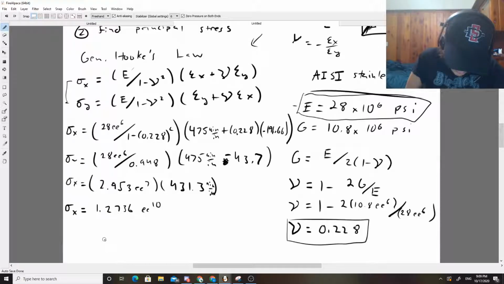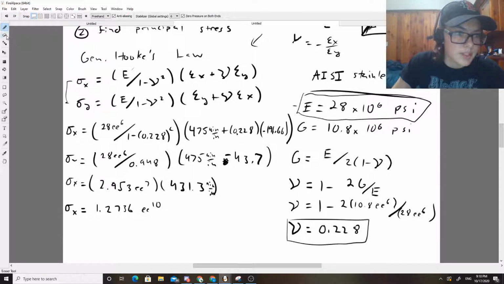That's negative 191.66 E6 times 0.228. Right. Okay. Plus 475 E negative 6 is equal to that, times 2.95 E to the 7th. Okay, so yeah, that is kind of big.